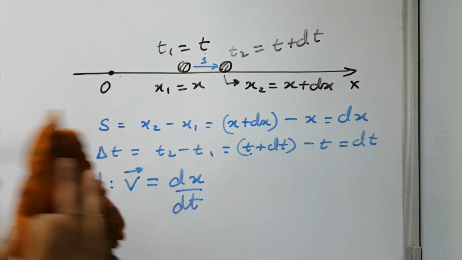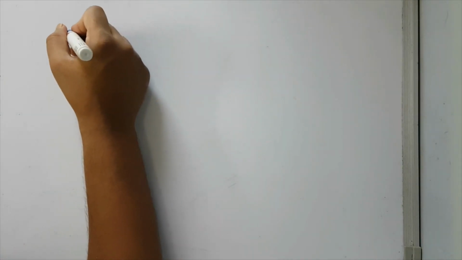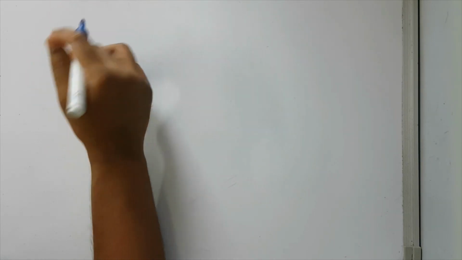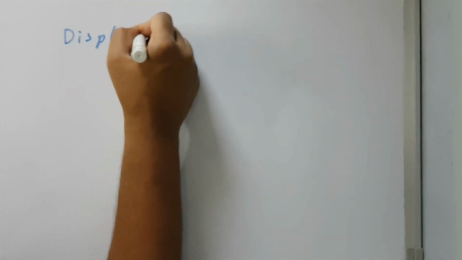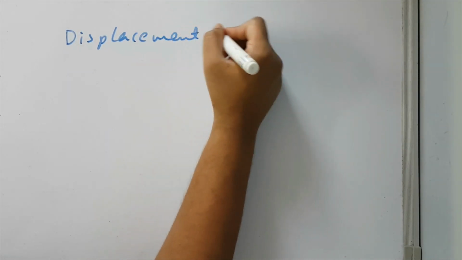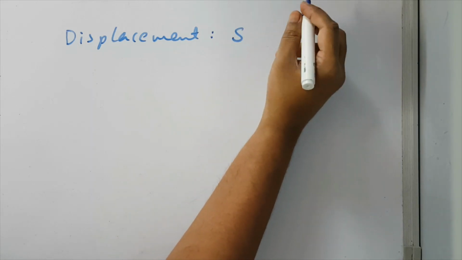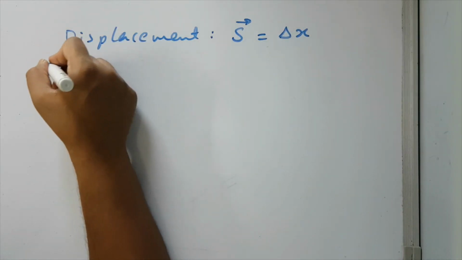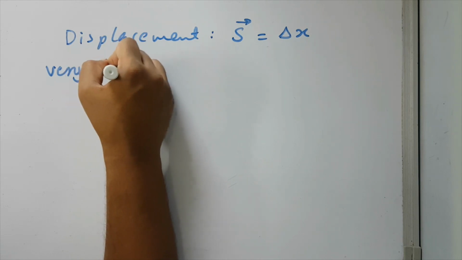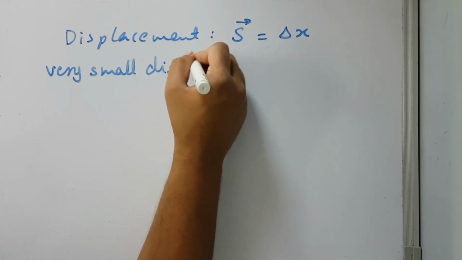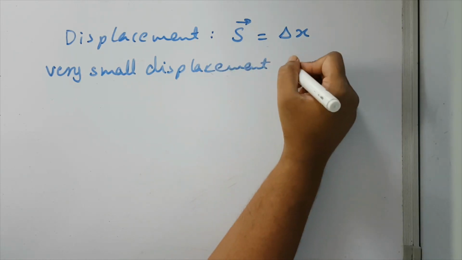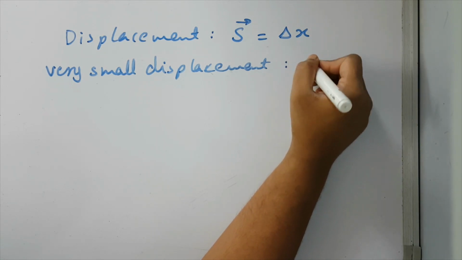So I'll summarize what we learned. What is displacement? Displacement is denoted by s. You could also write s vector, which is equal to delta x. And what is very small displacement? Very small displacement is denoted by dx.